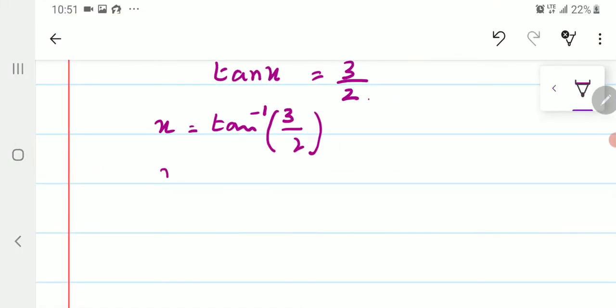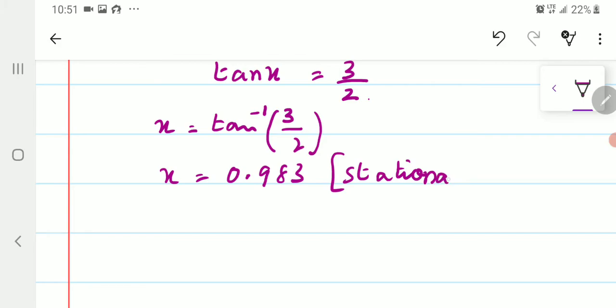So the value of x is coming 0.983. This is the value of x at the stationary point, where dy over dx is 0.